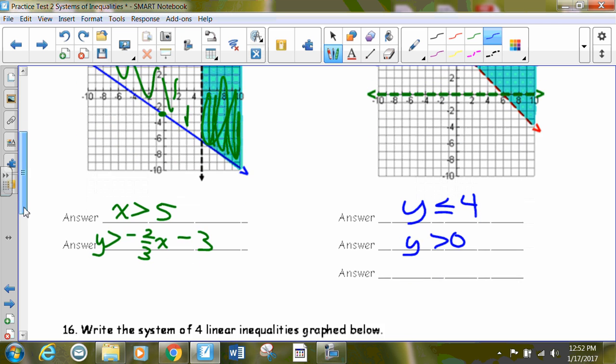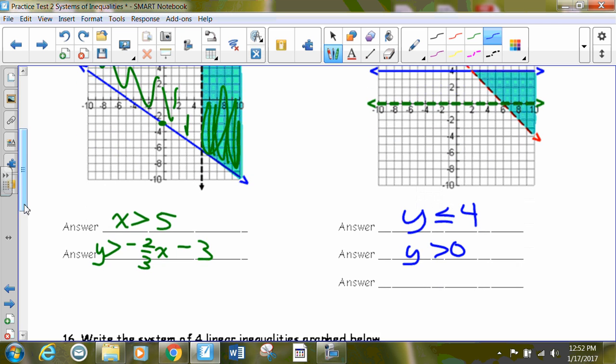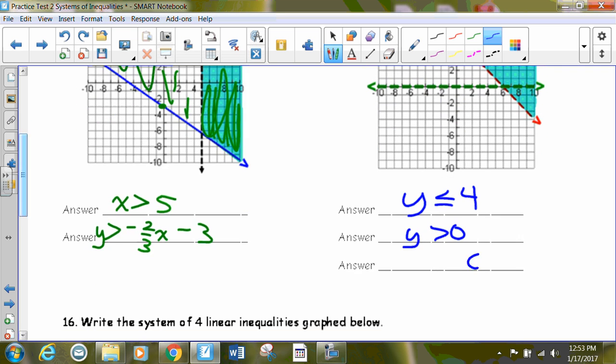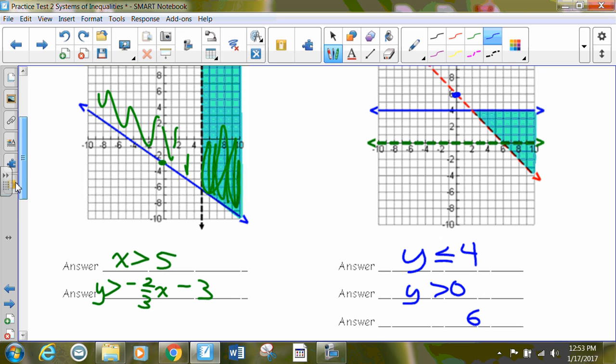And then the third answer, I see this, whoops, I got to scroll back up. I see that my y-intercept is 6, so I'm going to write that down. And then I see that my slope is down 1 over 1. It does look like that. So I'm going to say my slope is -1, so that my y-intercept is positive.